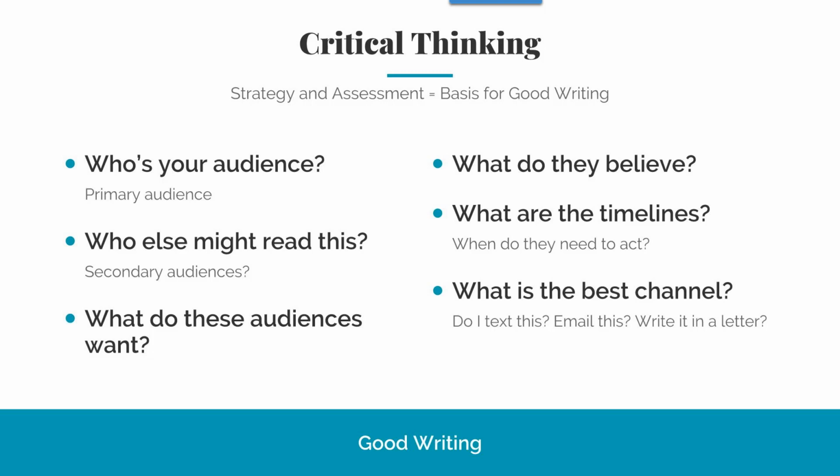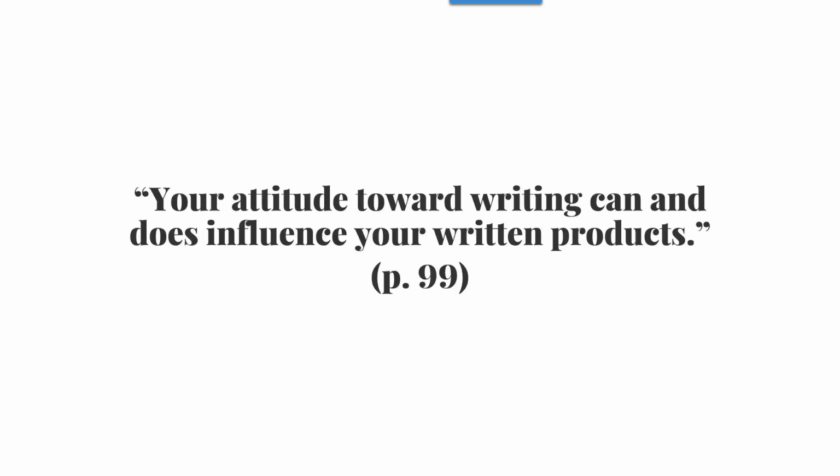When do these different groups need to act? And what have you done in order to get people onto the right timeline and to let them know what they need to know at the right time? And then what's the best channel? Are there multiple channels that you need to use? So this is the basis of good writing.